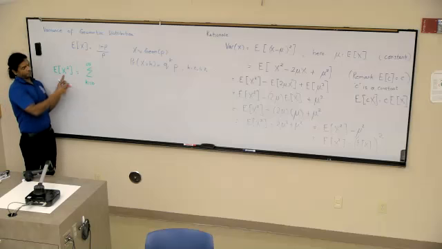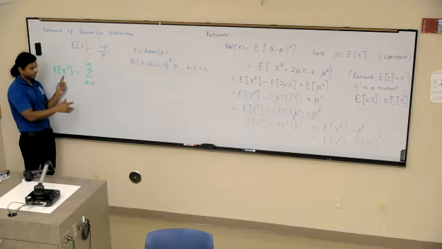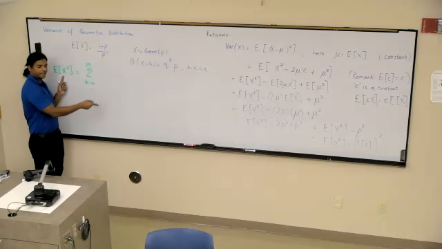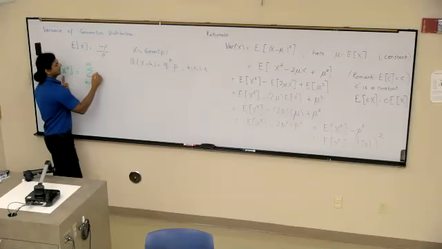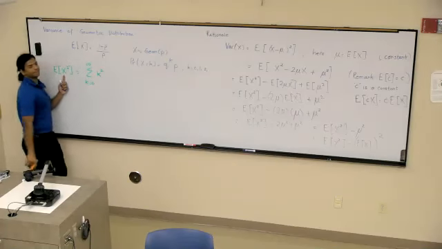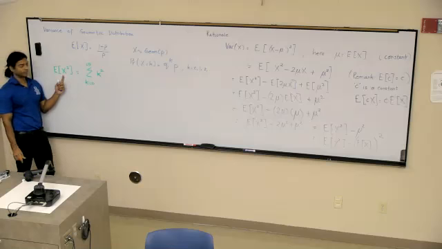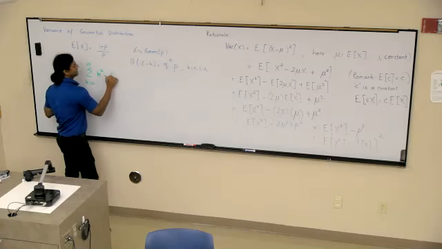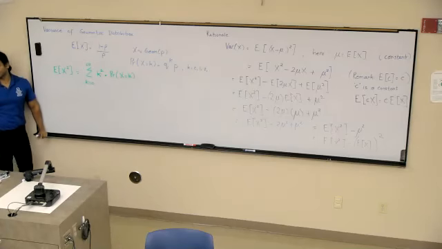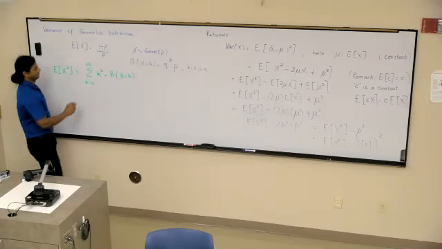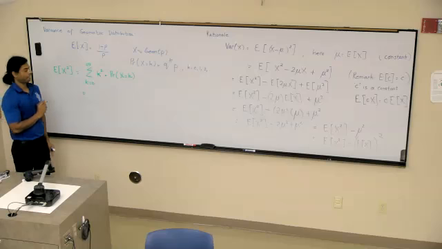So if you go back to the law, notice I wrote it as g of k for all k in the support of x. So I could simply rewrite x squared as k squared multiplied by probability of x is equal to k.